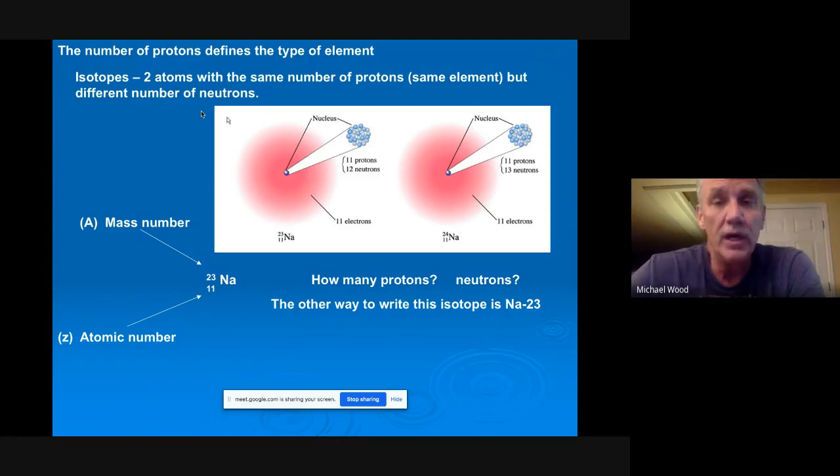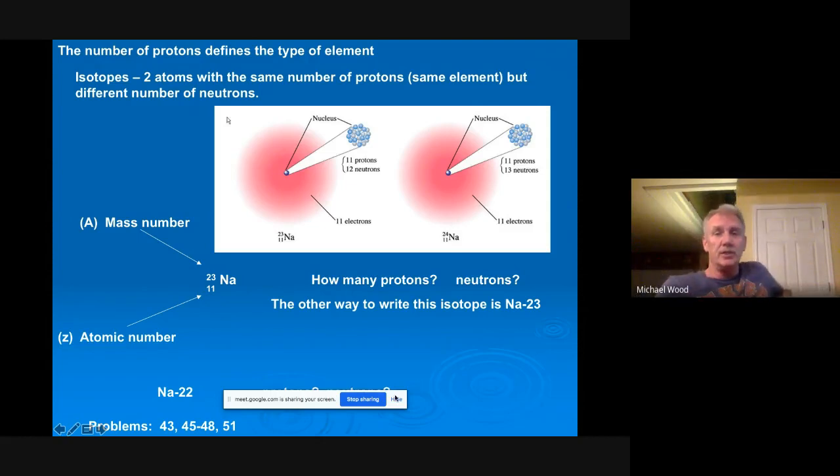Okay, so the other way to write this isotope is like it says here, Na-23. When it's written like that, the author will assume that you can look up the atomic number of sodium as 11, and then they're telling you the mass number is 23. Okay, so then if we have this one, which is sodium 22, it says how many protons and how many electrons.